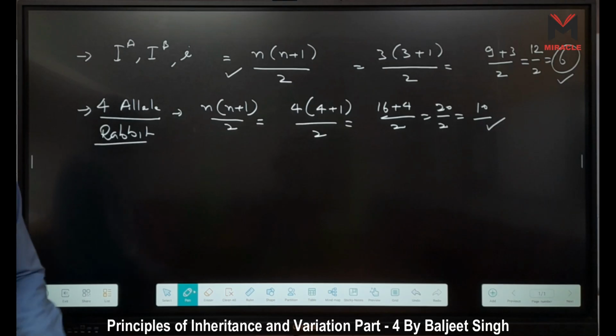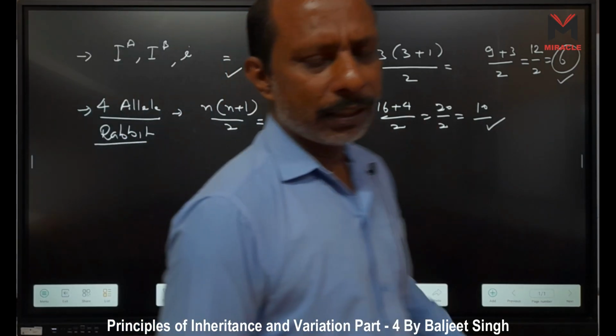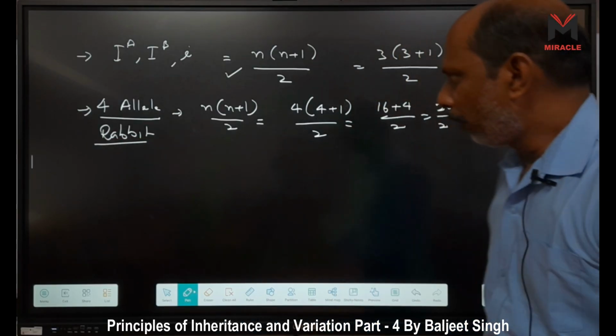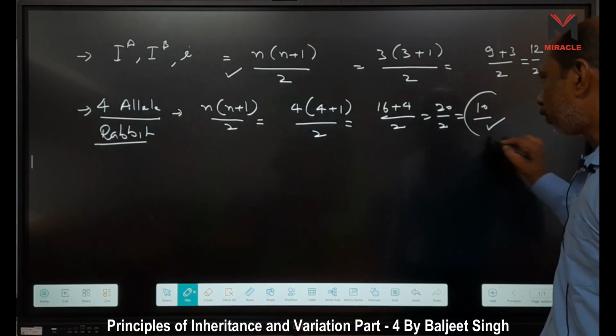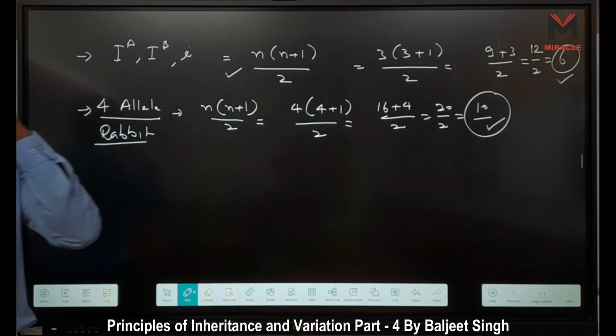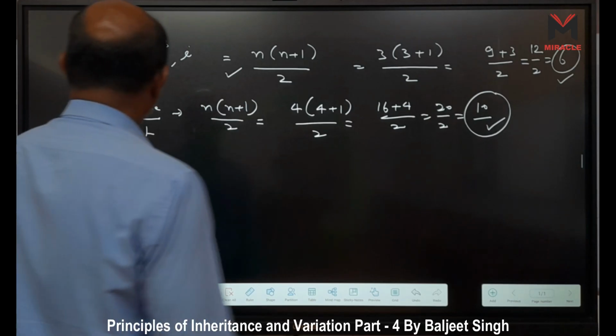I expect you understand that when we get the number of alleles, we understand how many combinations are possible. Do you understand how we calculate these combinations? Okay.